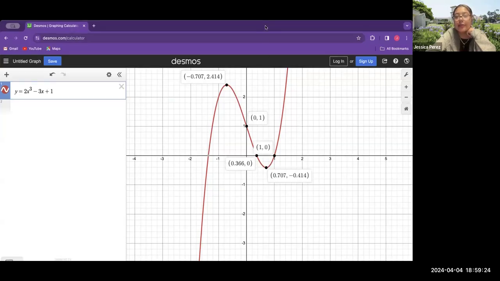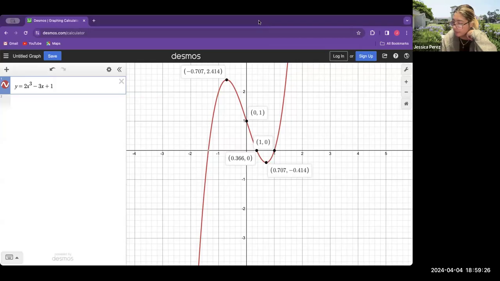At different places, you will have where it's increasing. It also asks where it's increasing and where it's decreasing. We found our minimum values right here at 0.366, at this point right here, which is 1, 0.